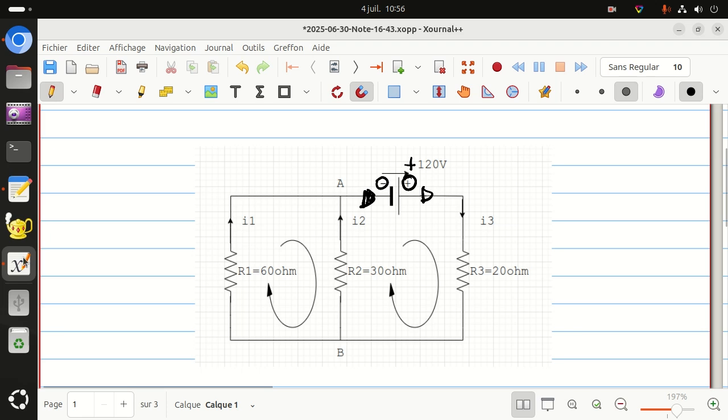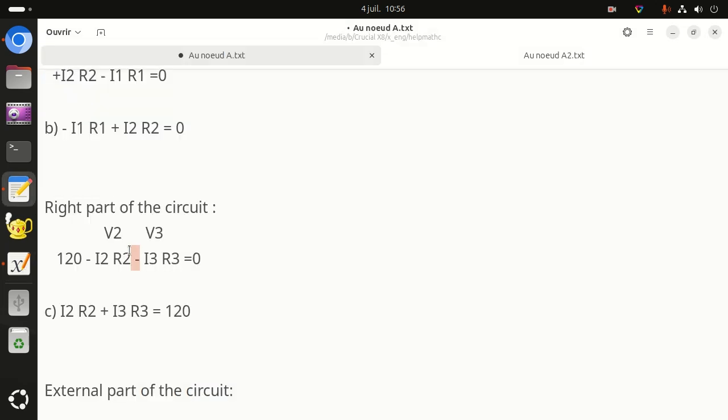The voltage drop. So I have here the plus sign. This is the second equation.